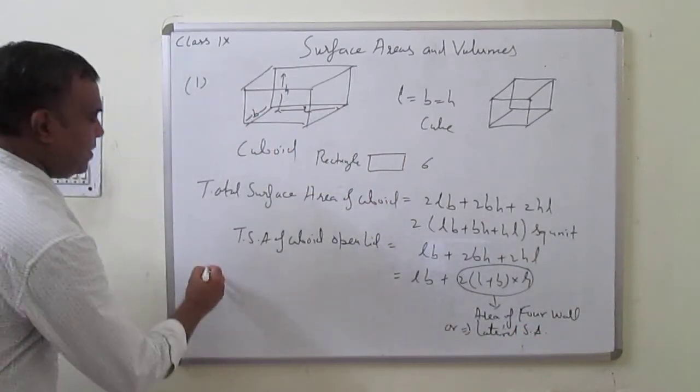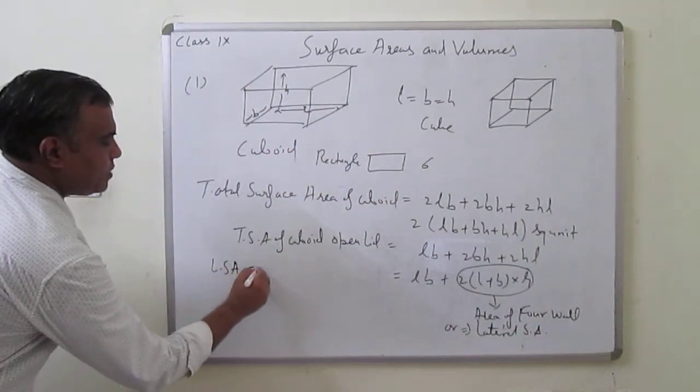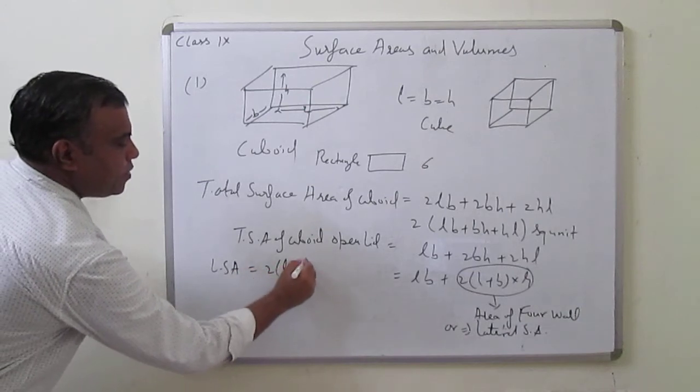So the LSA of a cuboid is equal to 2(L plus B) into H.